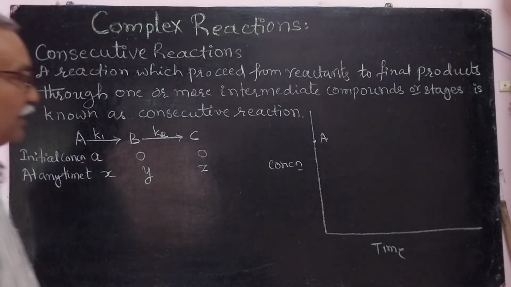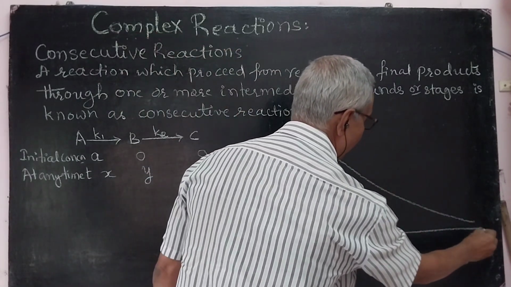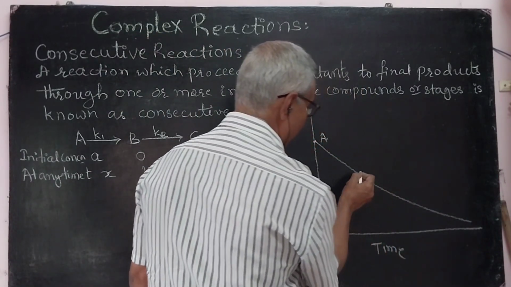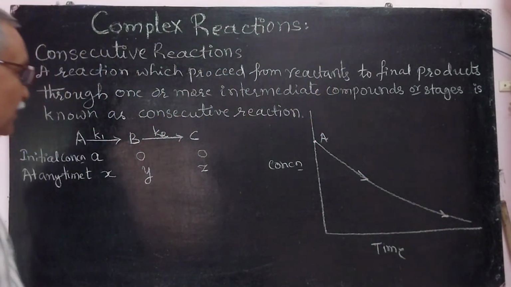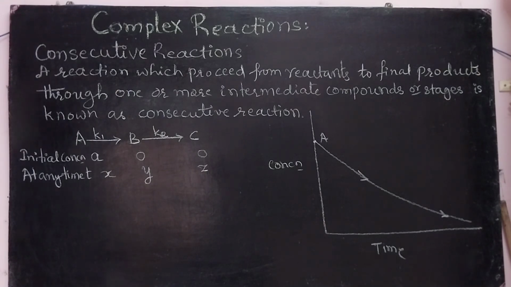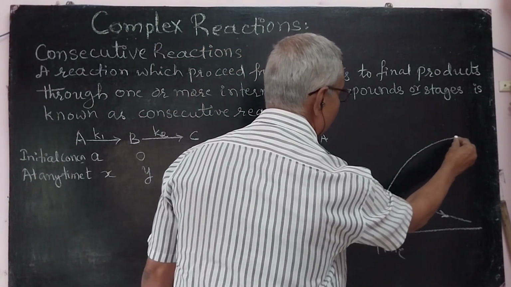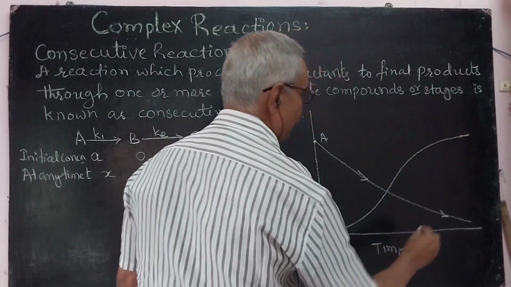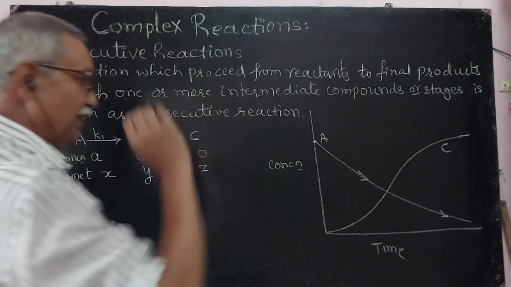It goes on decreasing in this way. Then what happens to the concentration of C? As it is a product, it goes on increasing in this way. Suppose this is the concentration of C.